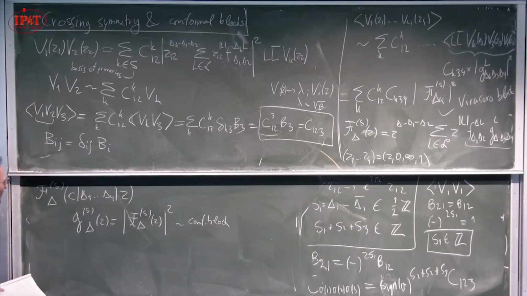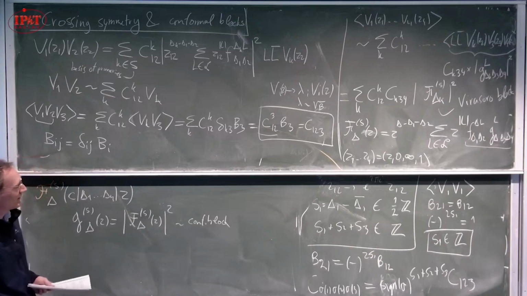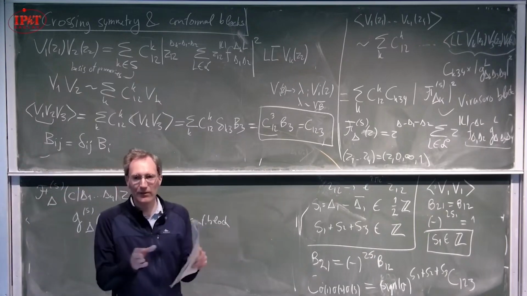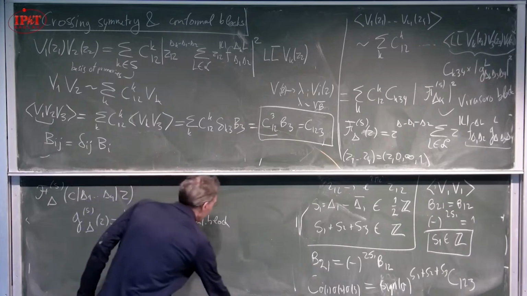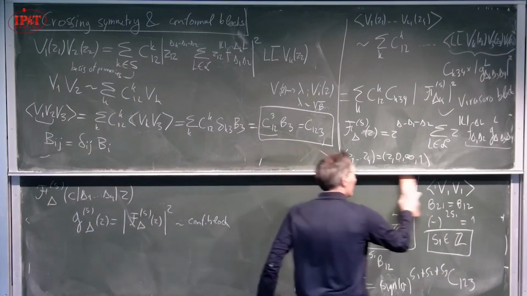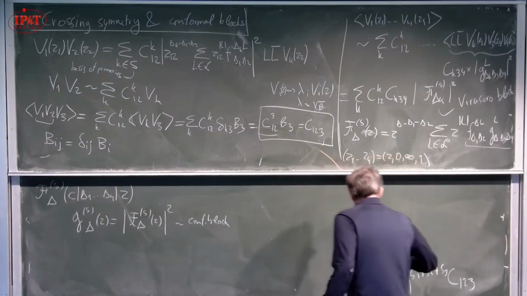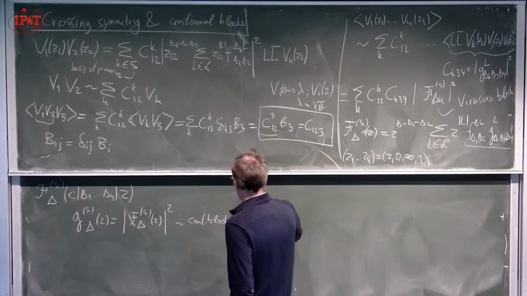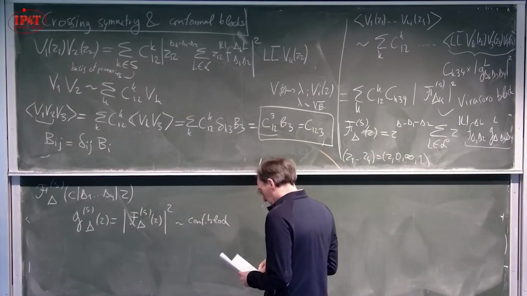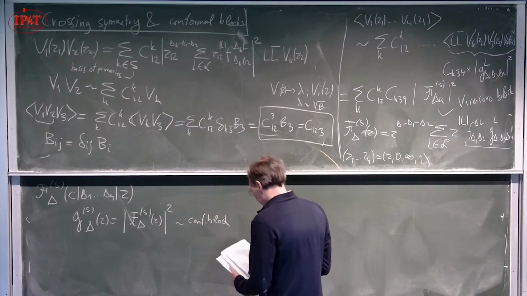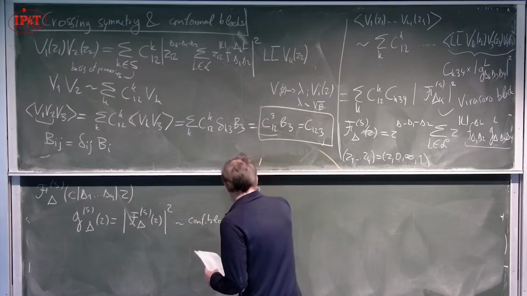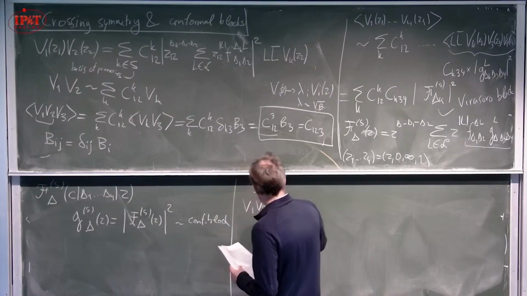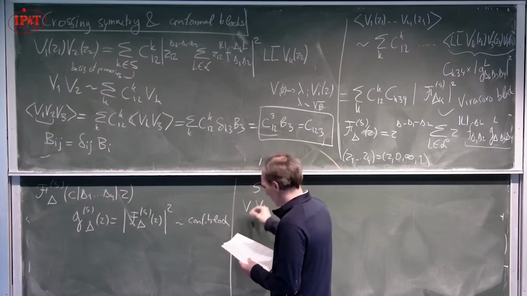The nice thing is that I could do other OPEs in the same 4-point function. I have done V1 with V2, but let's do V1 with V4, for example. I will collect the results in a table. I started with the S channel. In the S channel, we've done the OPE V1, V2.